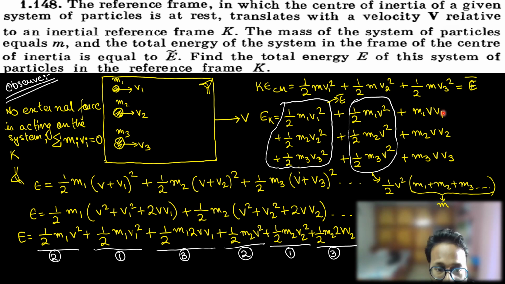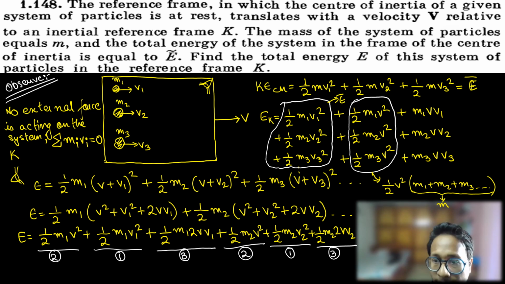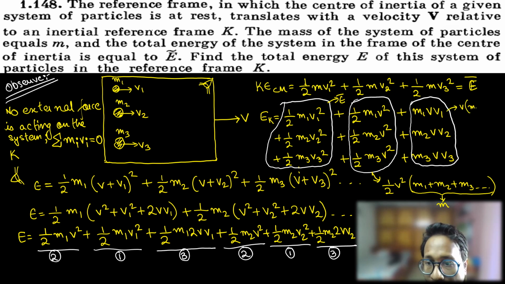And the velocity v1 is the velocity as seen by the center of mass. So if I take v common, m1 v1 plus m2 v2 plus m3 v3 is nothing but the momentum of the system, since the product of mass into velocity is momentum.